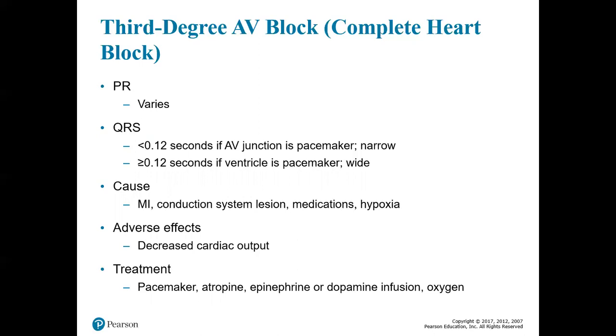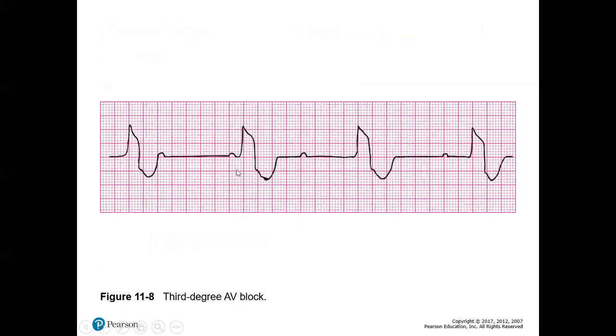Also, one other thing I want to point out with your third degree block: if you suspect that third degree block, look at the QRS, and it will give you an indication of where that block is, whether it's above the AV node or down in the bundle branch. If it's at the AV junction, your QRS is going to be narrow, and if it's down in the bundle branch, that QRS will be wide. Here we see an example of a third degree block.